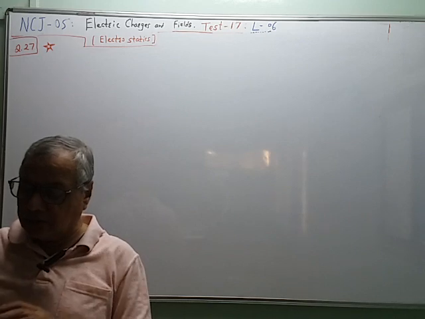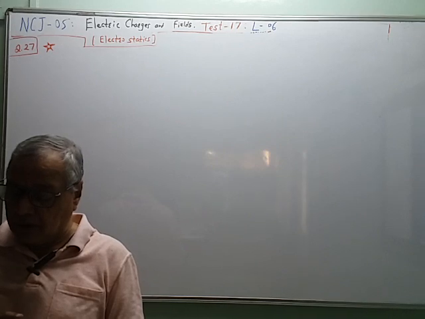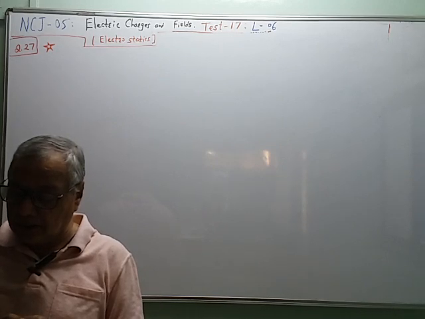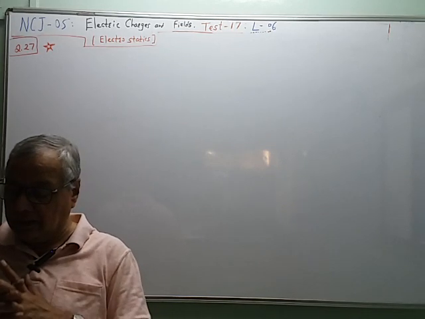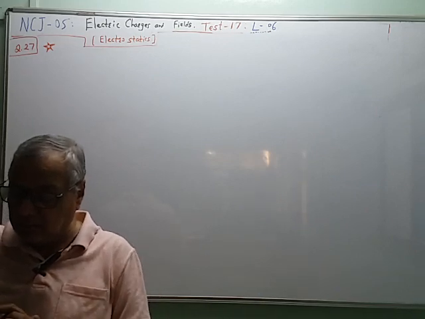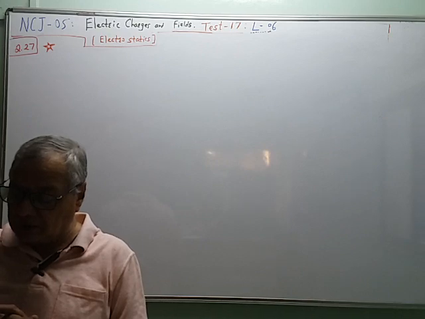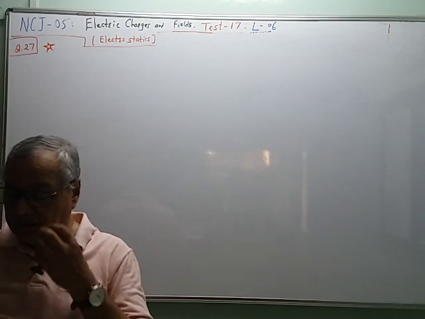Question 27. Three concentric metallic spherical shells of radii R, 2R, 3R are given charges Q1, Q2, Q3 respectively. It is found that the surface charge densities on the outer surfaces of the shells are equal.